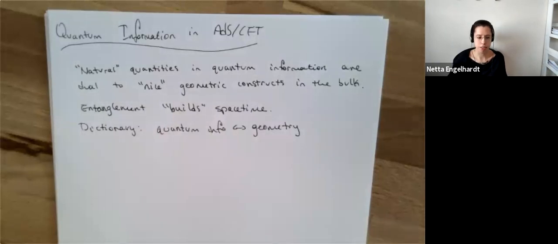I should say right off the bat, this is far from complete, and it will most definitely be biased by my own perspectives and interests. I will endeavor to spend more time on topics that are the subject of fewer review articles, because review articles you can more easily find and read. And I'll try to get to some current or very recent developments by the very end. But of course, no promises. We'll see how it goes.